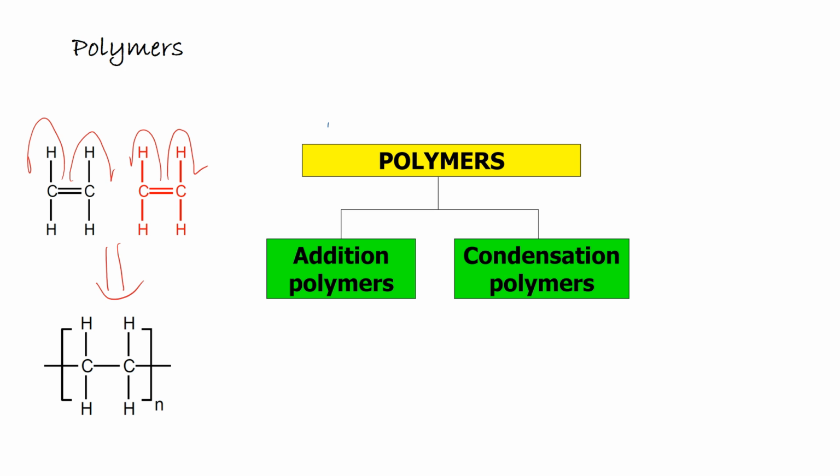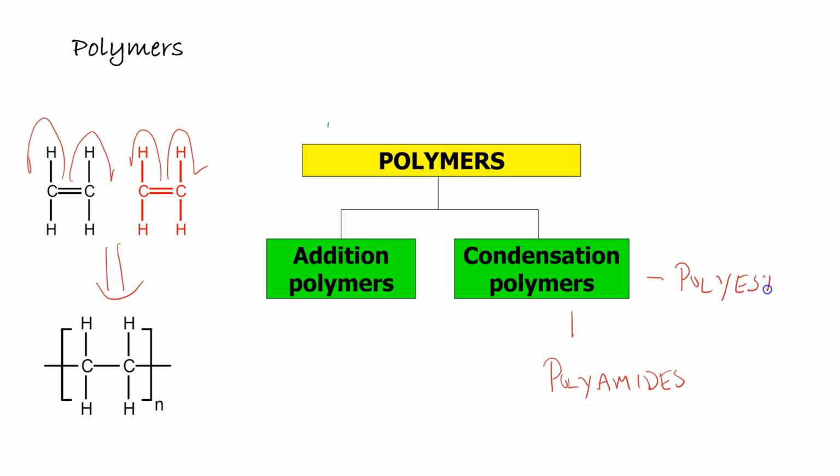Condensation polymers then, which we'll be moving on to look at in just a moment, come in two types: polyamides or polyesters.